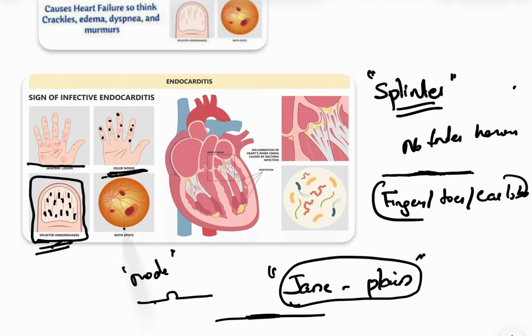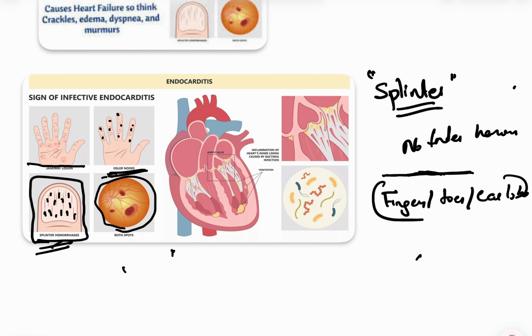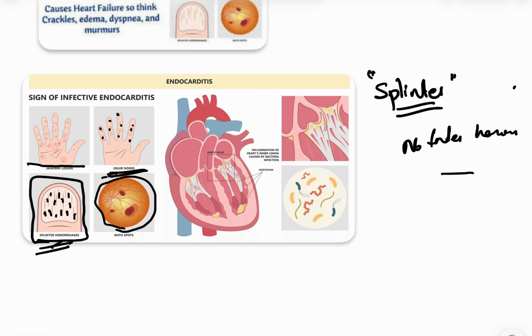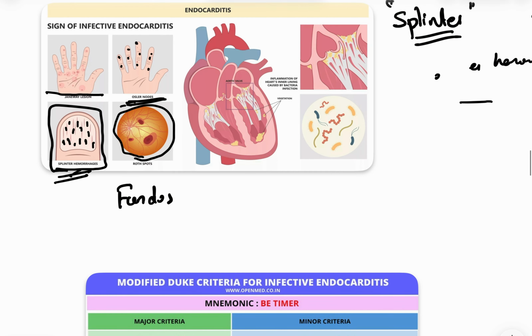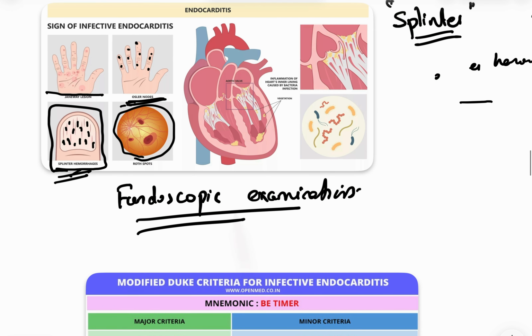And then we studied about splinter hemorrhage and Janeway lesion and Roth spot. Very, very important. Roth spots are seen on fundoscopic examination. Fundoscopic examination is used to visualize the eyes. So Roth spot is visualized by fundoscopic examination, and it appears like a retinal hemorrhage, that means hemorrhage in the eye.